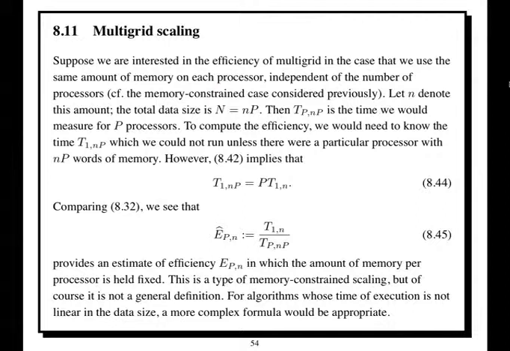The key point here has to do with the choice of the problem size given the number of processors. In this particular case, because multigrid scales linearly in the number of unknowns, we keep the number of unknowns the same for each processor. If you were doing something else, you'd have to figure out what the right scaling law is. But that's what weak scaling tells us to do.